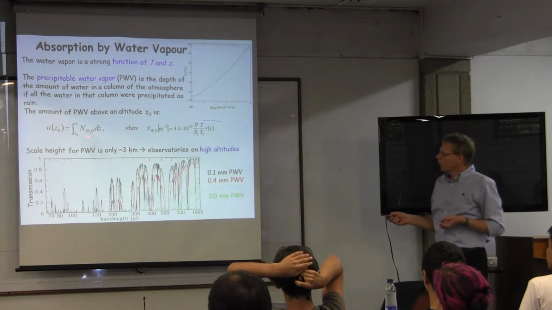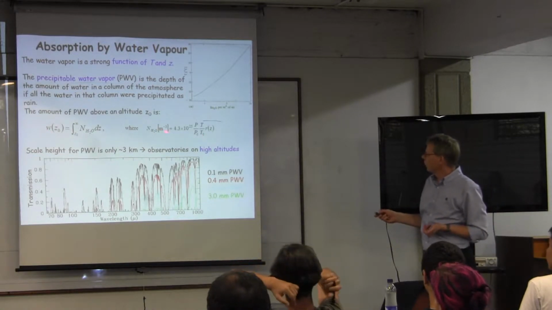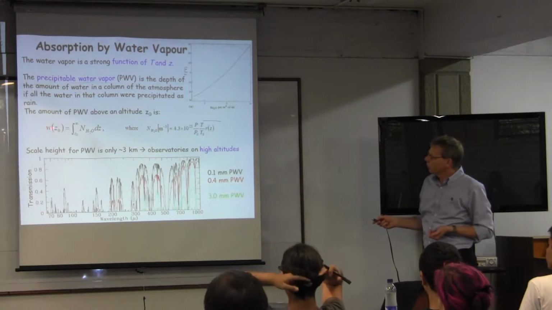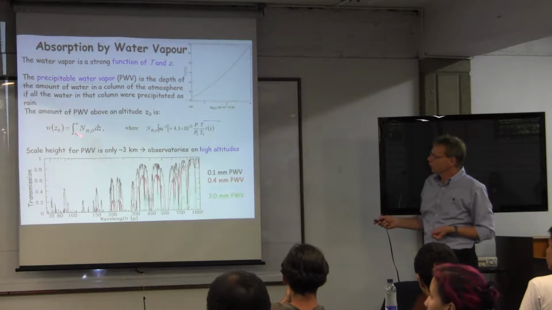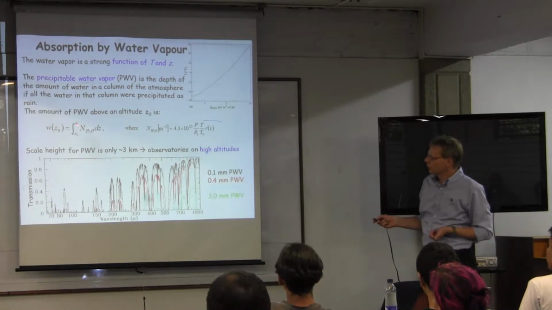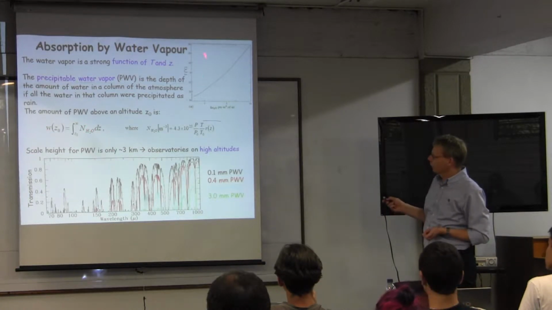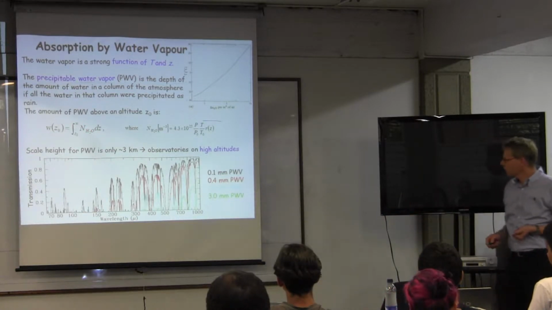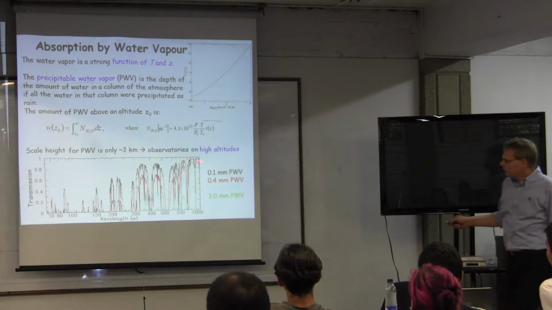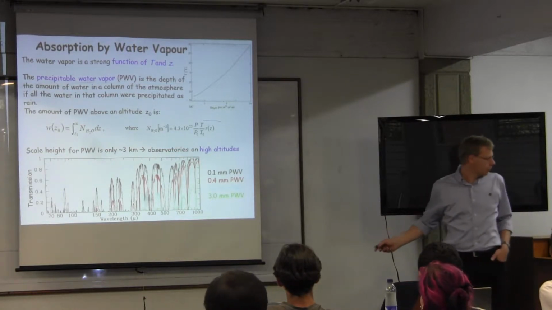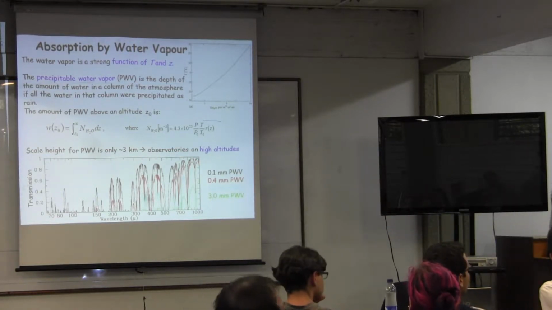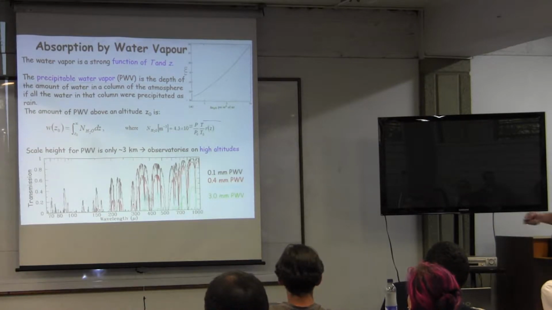And, okay, don't worry about this equation here, but the water vapor is simply the integral from where you are to infinity across all the water along the line of sight. And it has an impact immediately. Sorry, what are the units of this zeta?